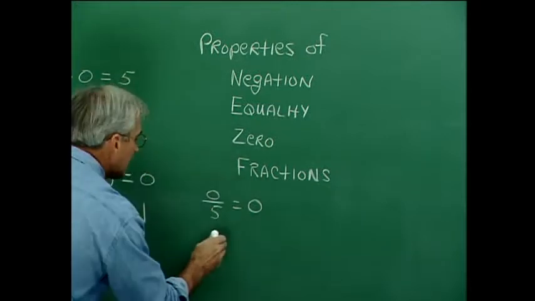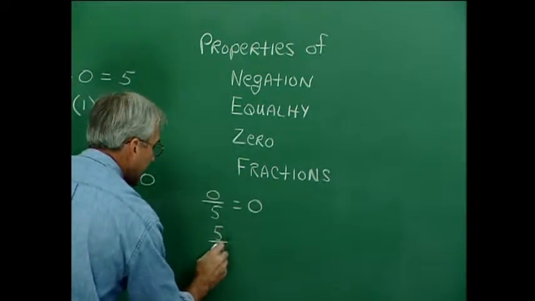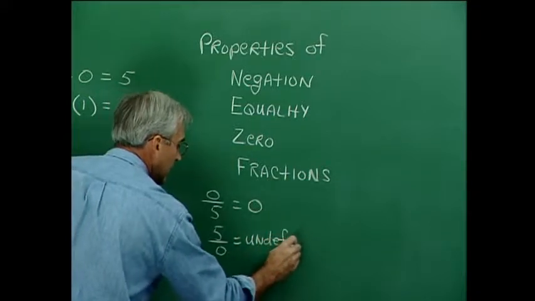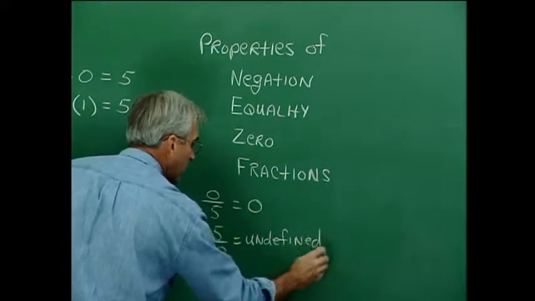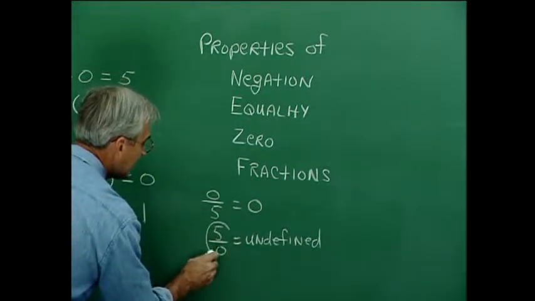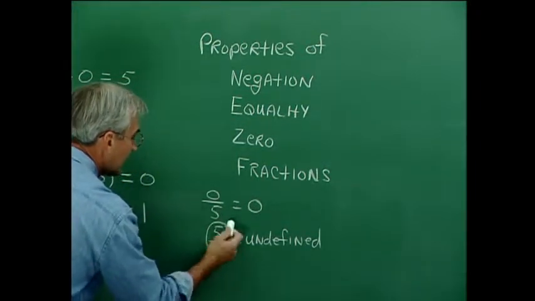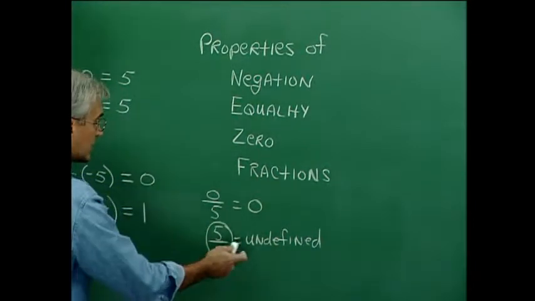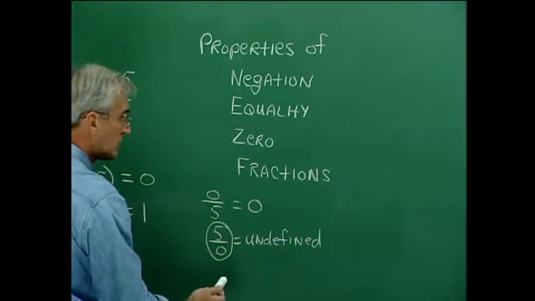In a similar way, we can show that 5 divided by 0 is undefined. Let me show you that right quick. This is so important. We disallow the idea that 0 can appear in a denominator because it causes the fraction to be undefined. And it's undefined because of this. A fraction implies a division problem.